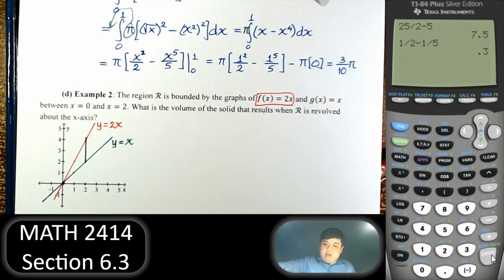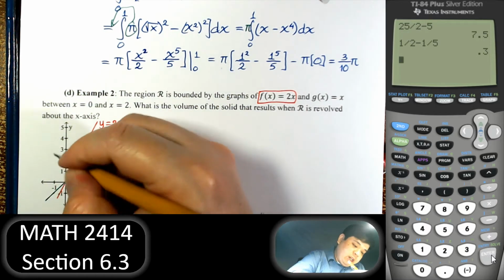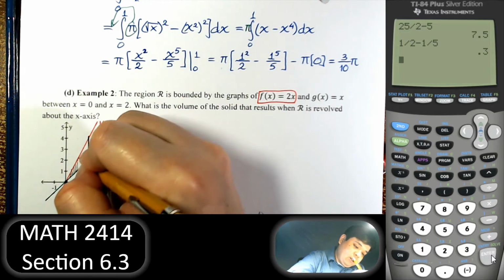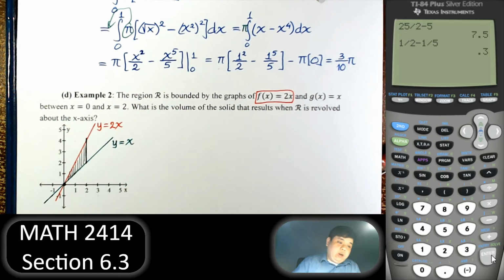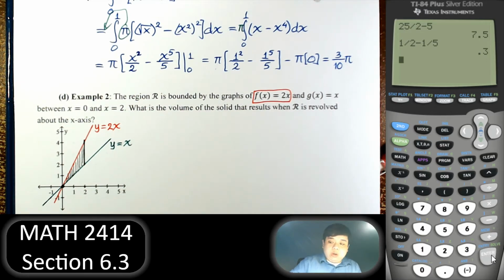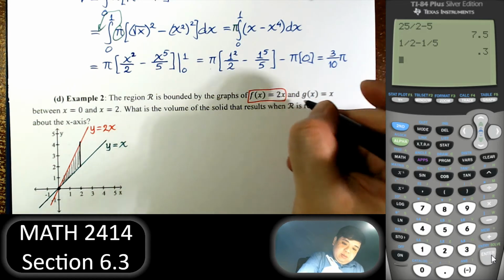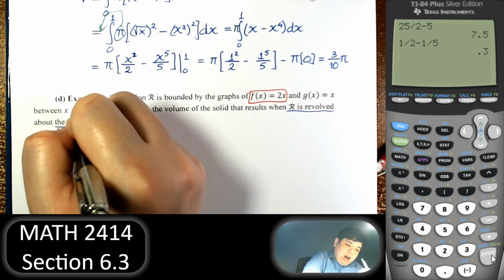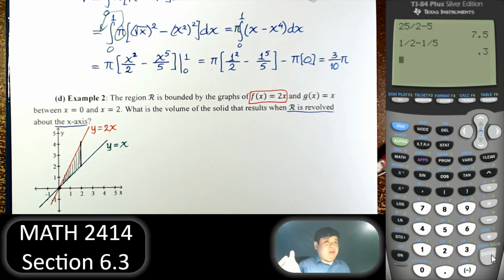So we're talking about this region here. And we rotate also about the x-axis. Later on we might have the region rotate about the y-axis or any axis, vertical or horizontal.